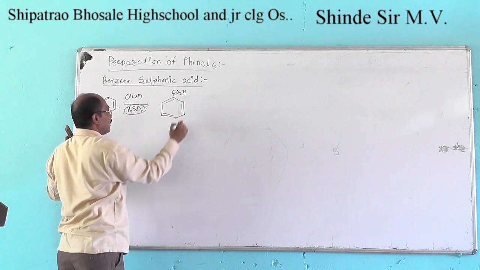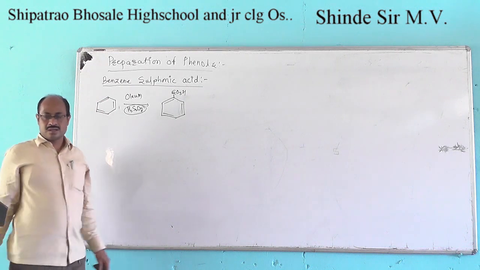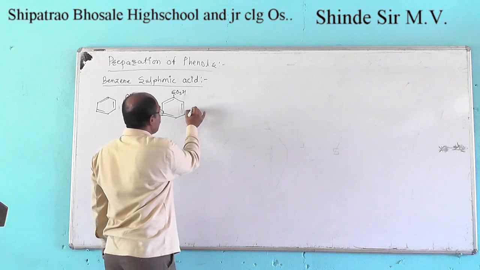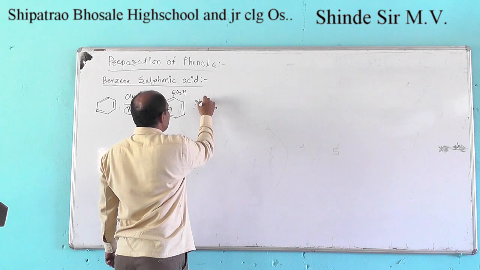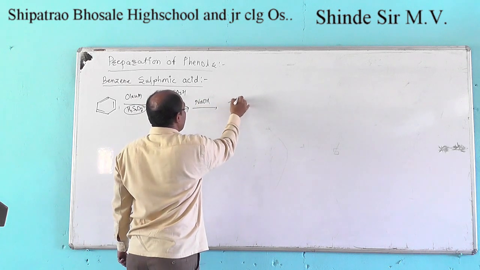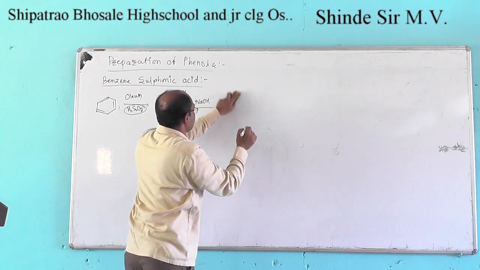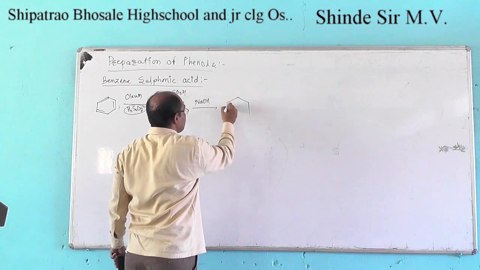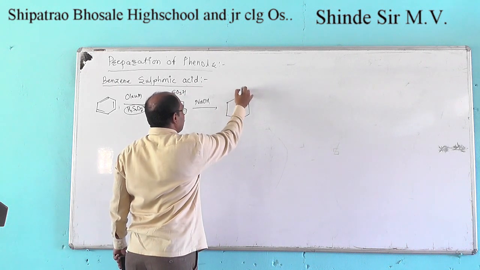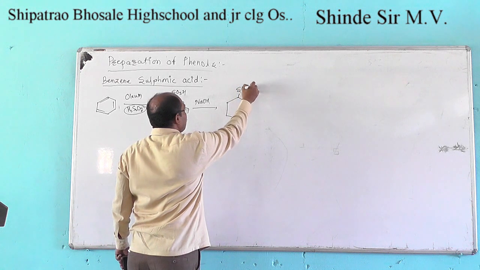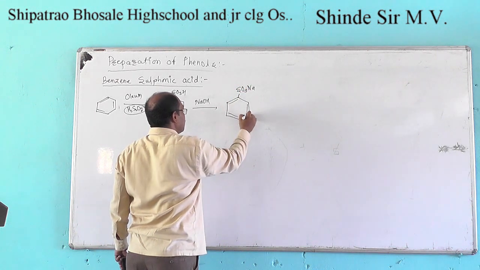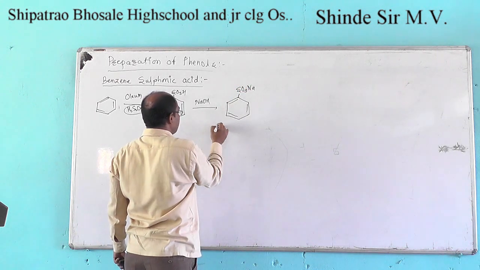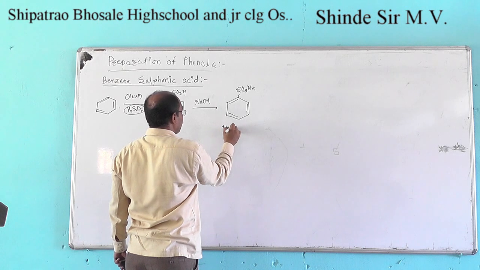This benzene sulfonic acid is neutralized by using sodium hydroxide to form the corresponding sodium benzene sulfonate. Neutralization takes place, giving salt and water.